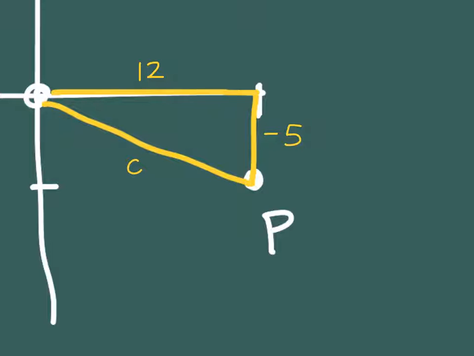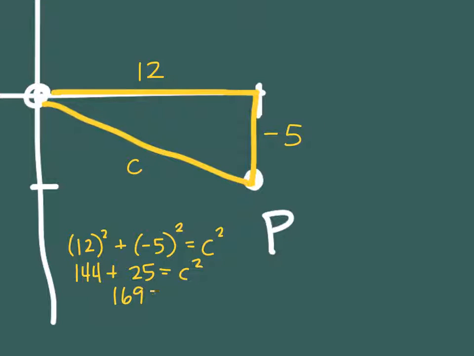So I'll do a little quick scratch work and figure out what A squared plus B squared equals C squared works out to be. So that's 12 squared plus negative 5 parentheses squared equals C squared. So I'll do a little quick work on that. That's 144 plus a positive 25 equals C squared. That gives me 169.